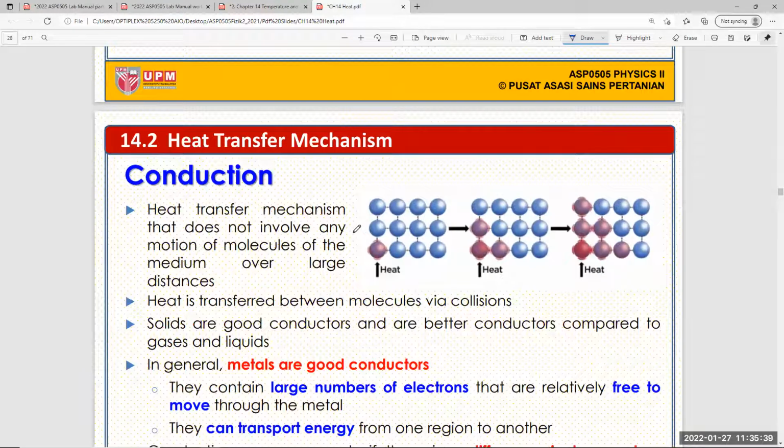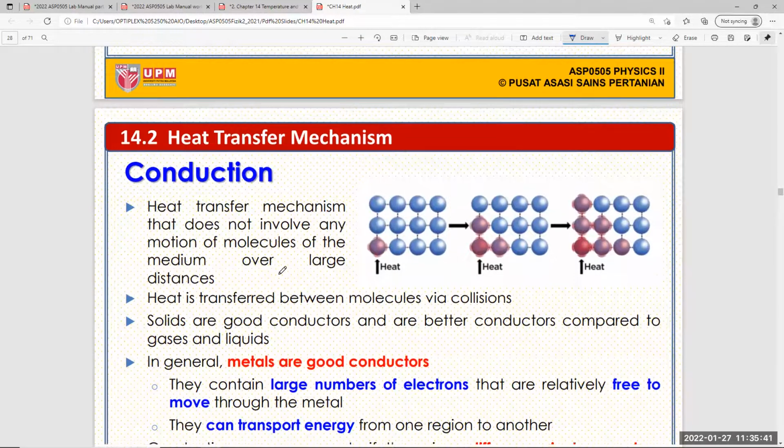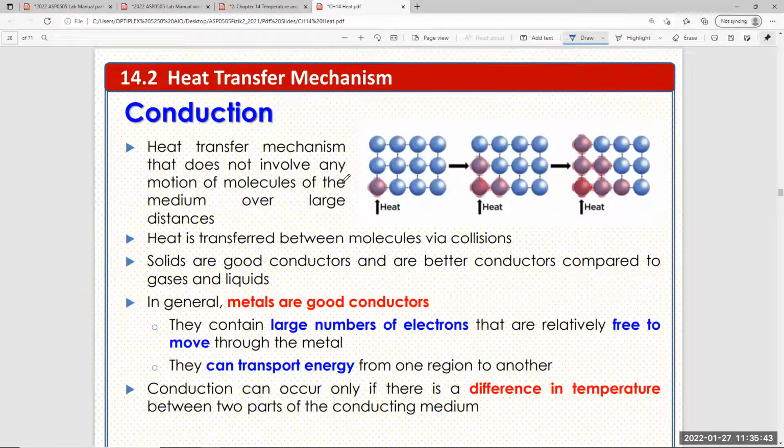The first one is conduction. By conduction, what we have here is to show some model. This is not really the focus of our discussion. What we call the mechanics of the heat transfer, we look from the microscopic view, in terms of molecular interaction.